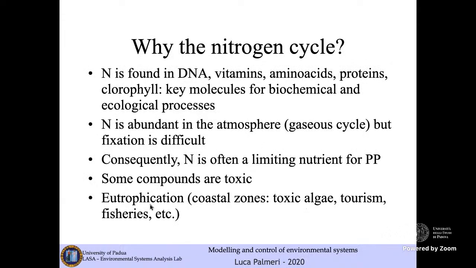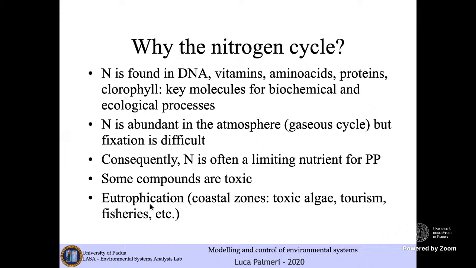Why is the nitrogen cycle so important? I recall you that nitrogen is found in DNA, is the fundamental element of vitamins, amino acids, proteins, chlorophyll. So it is a key molecule for biogeochemical and ecological processes. Nitrogen is abundant in the atmosphere. So for the gaseous cycles, remember, 78% of the atmosphere is nitrogen.